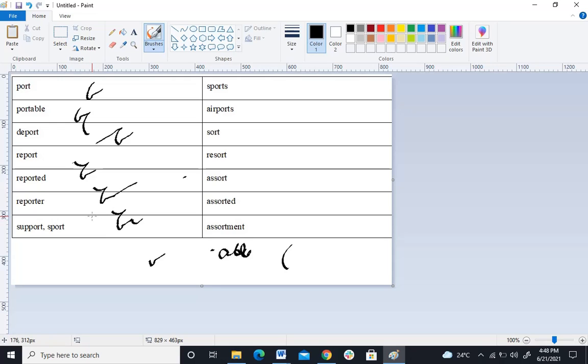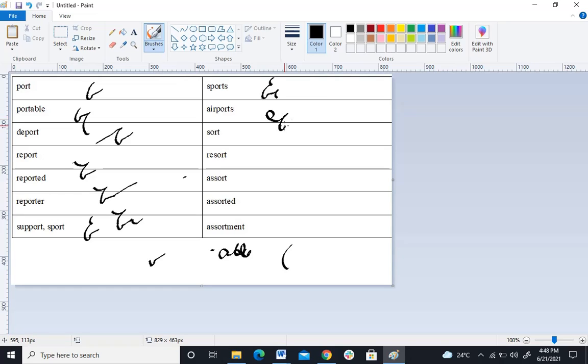So, yun yung support. It's either support or sport. Parehas ng stroke. I-analyze na lang ulit kapag magtra-transcribe kayo from shorthand to longhand kung ano yung kailangan ng sentence. Support ba or sport? Next, we have sports. So, we have S-P-O-T and then S. Airport. So, we have A-R and then P-O-T. Airport.